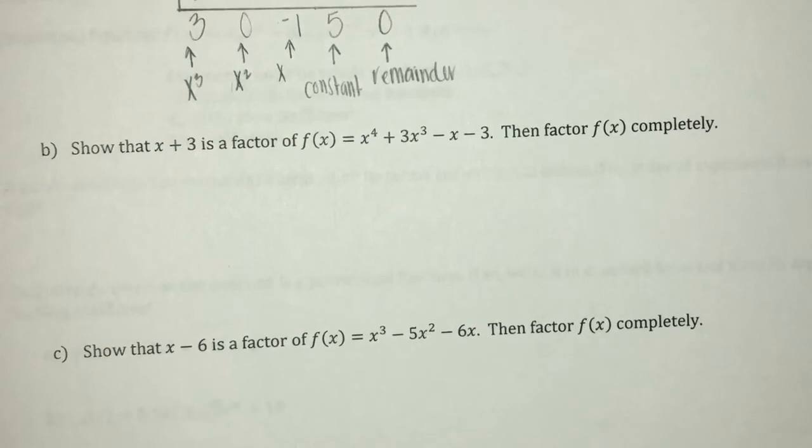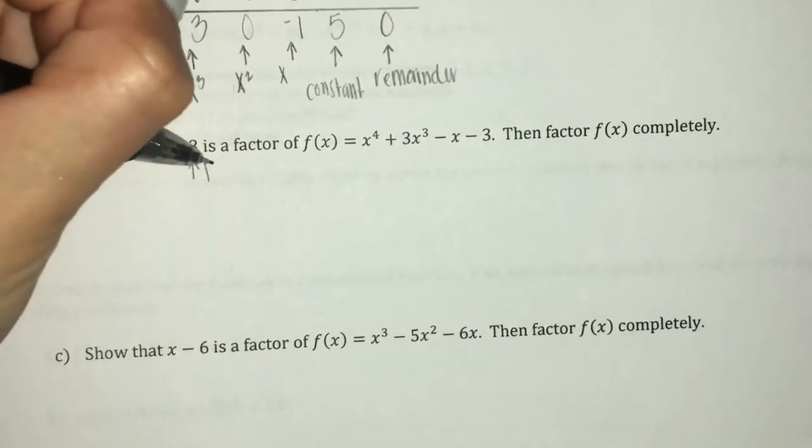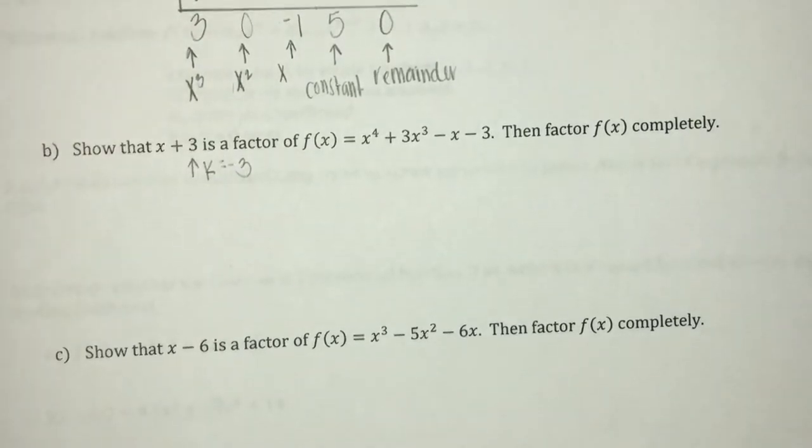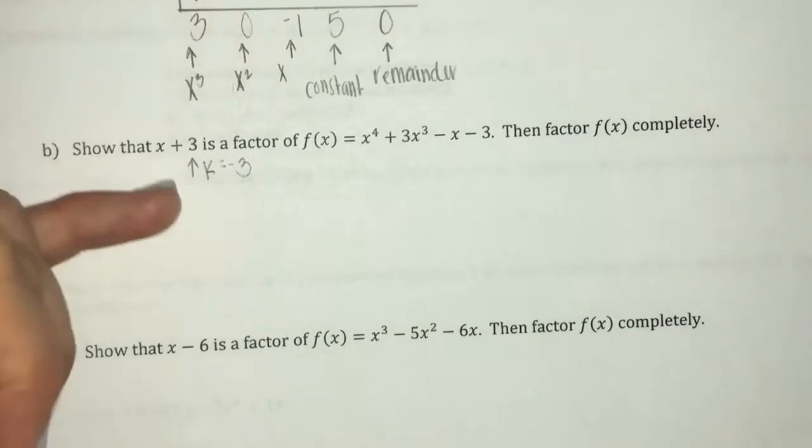And then for B, show that x plus 3 is a factor of f of x equals x to the 4th plus 3x cubed minus x minus 3. Same thing, and if we want to factor it completely, we will like we did above. If we're showing that x plus 3 is a factor, that means that k is going to be negative 3, since it's x minus k, so x minus negative 3 turns into plus 3.